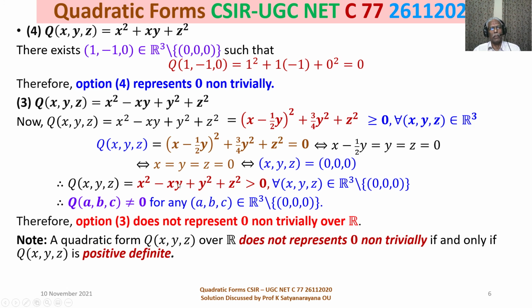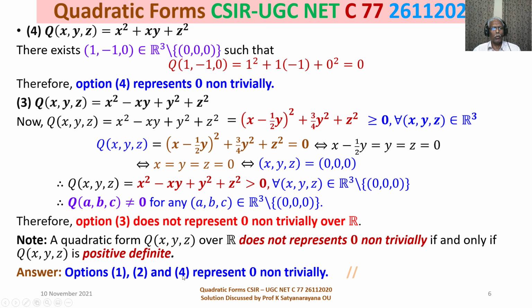That is exactly what we have shown: Q of x, y, z is greater than 0 for all x, y, z in R cube other than the 0 vector. So that is positive definiteness. Our final answer is that options 1, 2, 4 represent 0 non-trivially, and option 3 does not. Our answer is 1, 2, 4.